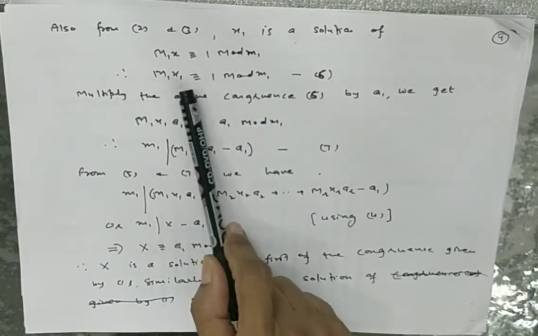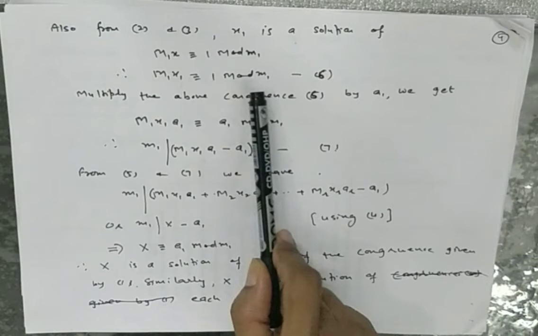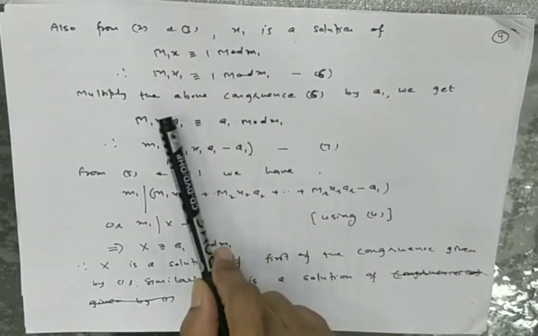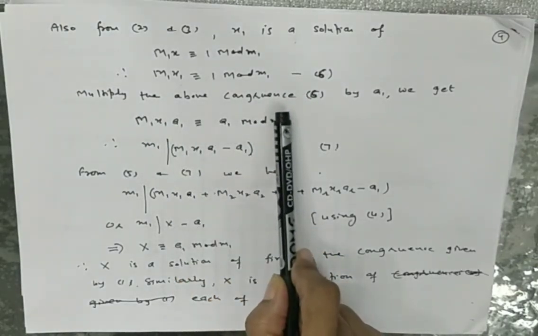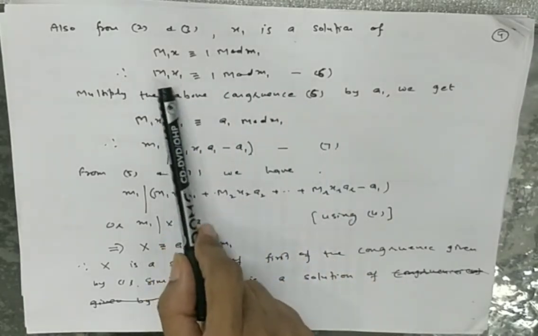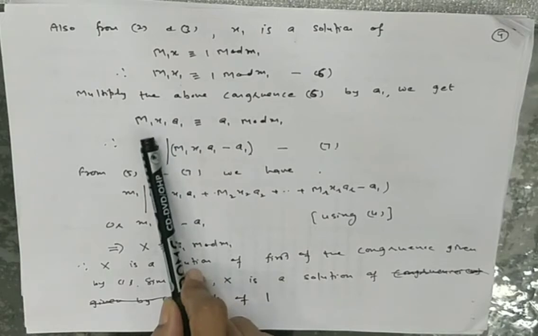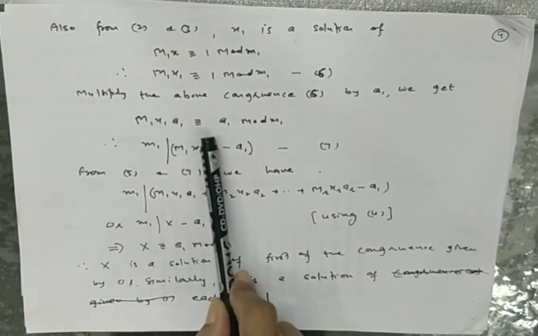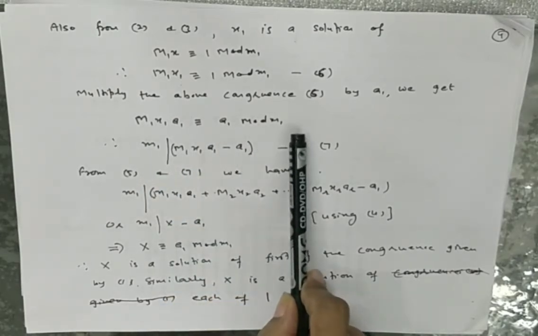Therefore, M1 x1 is congruent to 1 modulo m1. Now multiplying the above congruence 6 by a1, we get M1 x1 a1 is congruent to a1 modulo m1.